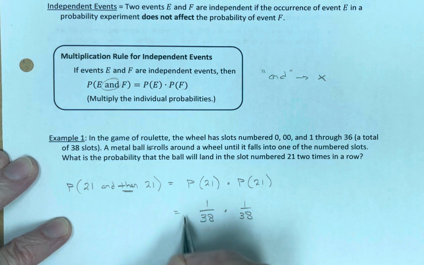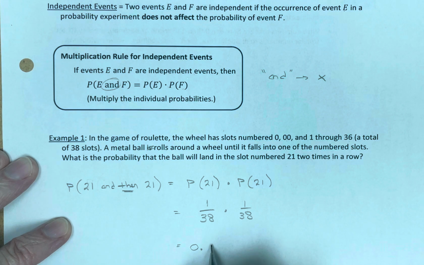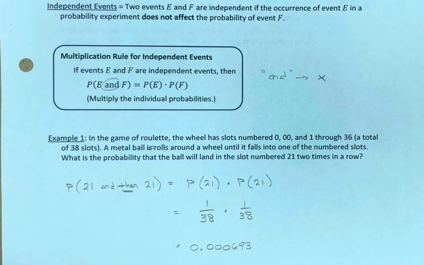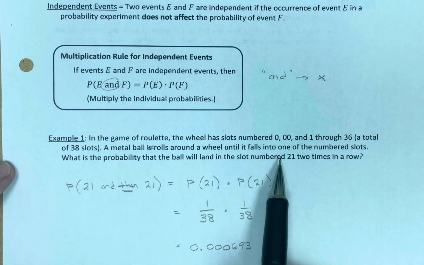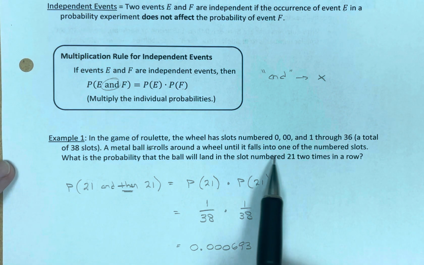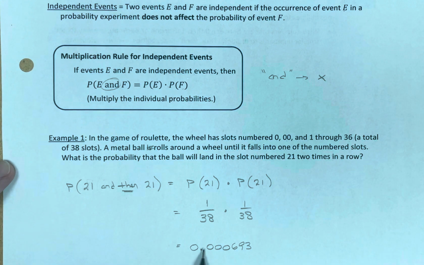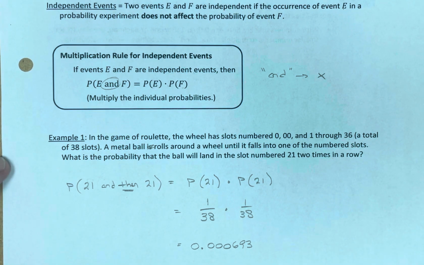We multiply those two numbers and we get a very small number: 3 zeros after the decimal, and then 693. That's a pretty small chance of having the ball land in the 21 and then land in the 21 again. This is 0.07%. Not a very high percentage.